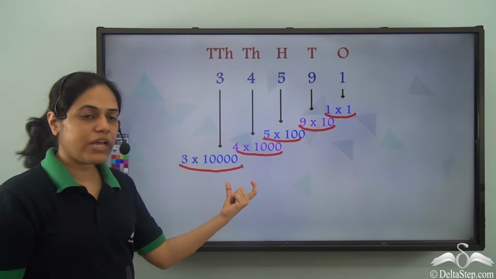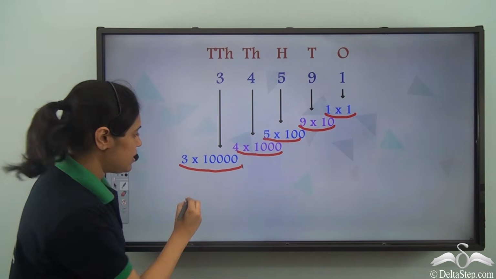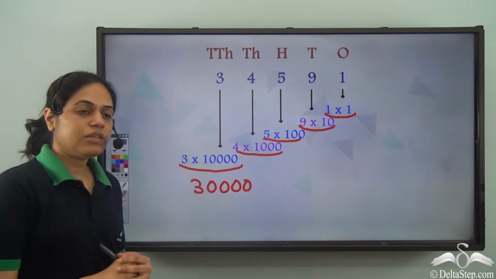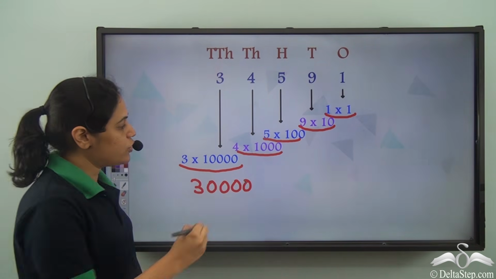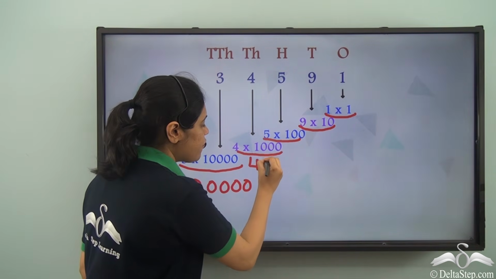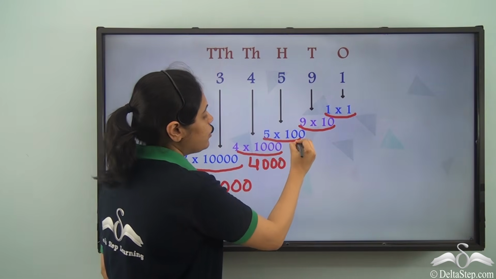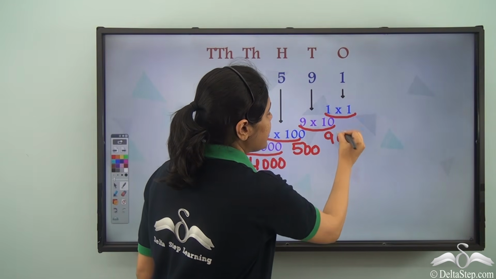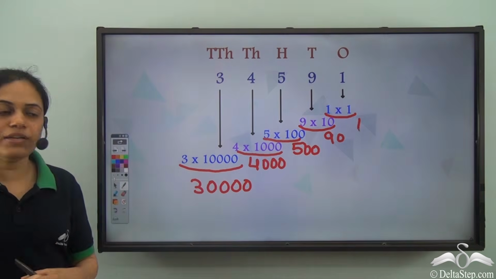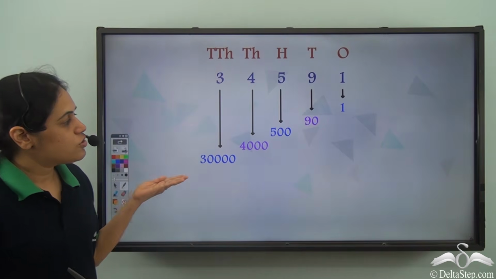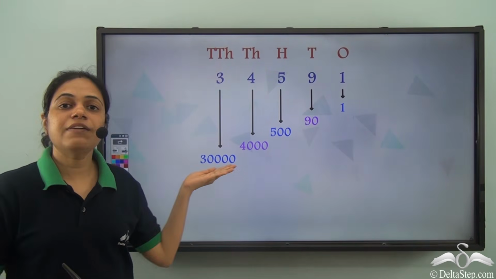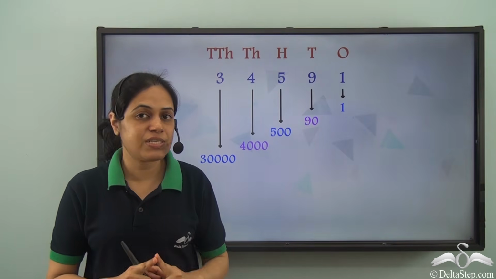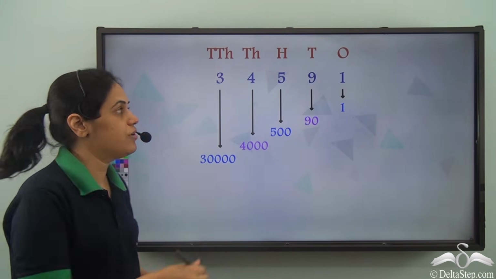So 3 into 10,000 is 3 followed by 4 zeros, 30,000. 4 into 1000 is 4,000. 5 into 100 is 500. 9 into 10 is 90. And 1 into 1 is 1. So these are actually the values which these digits represent within this number.